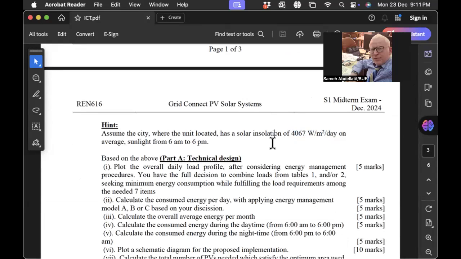Using this number, we can calculate the peak sun hours, or the equivalent sun hours. You know that one sun represents 1000 watt per meter square. So whenever you have 4067 watt per meter square, that represents roughly 4 peak sun hours.